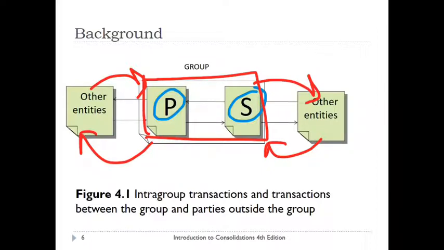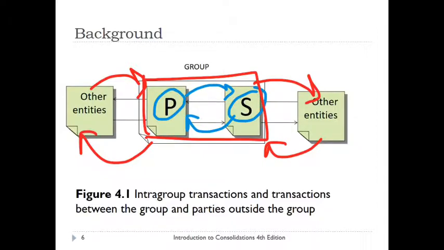Any transactions entered into between the parent and the subsidiary inside the red block are therefore within the group. And these types of transactions between the parent and the subsidiary are known as intragroup.